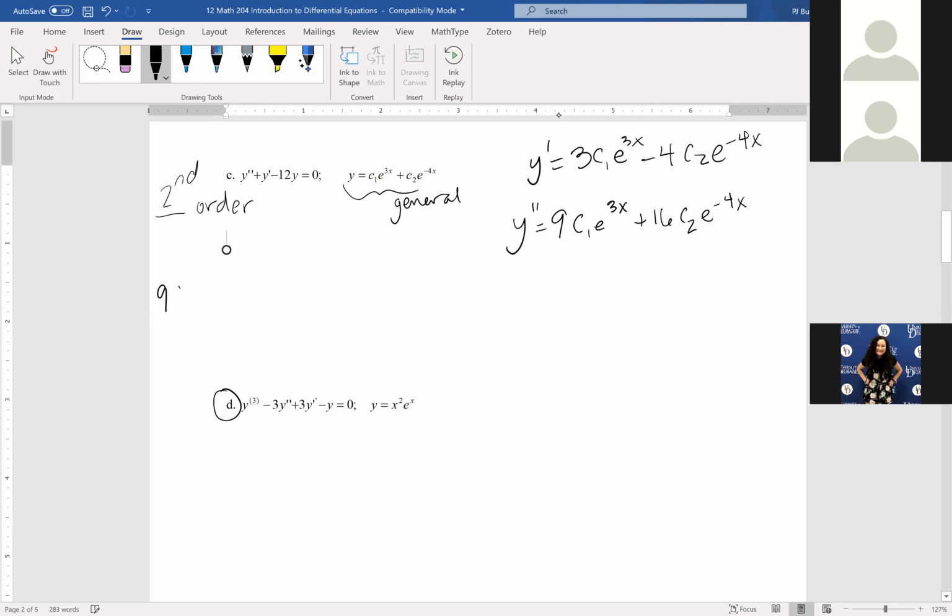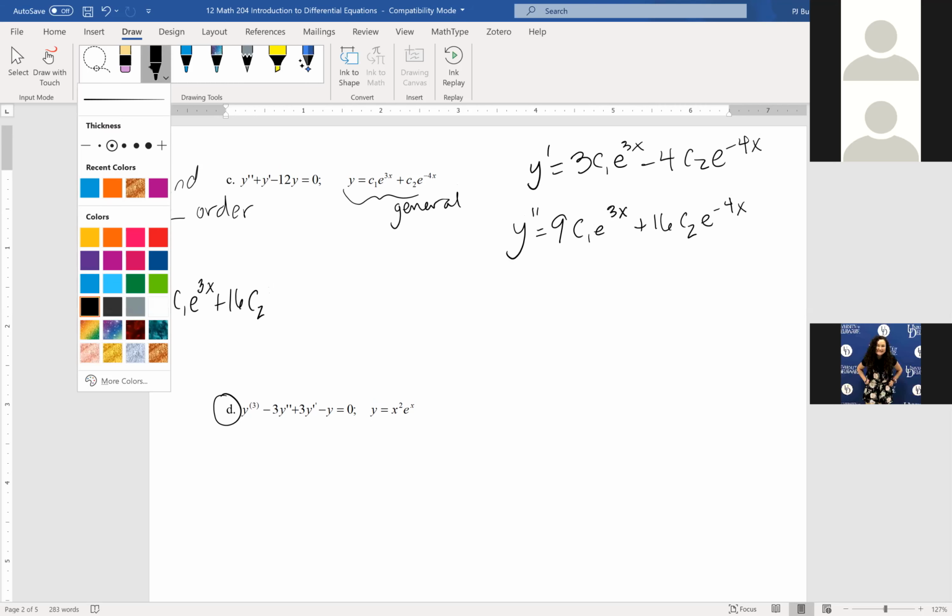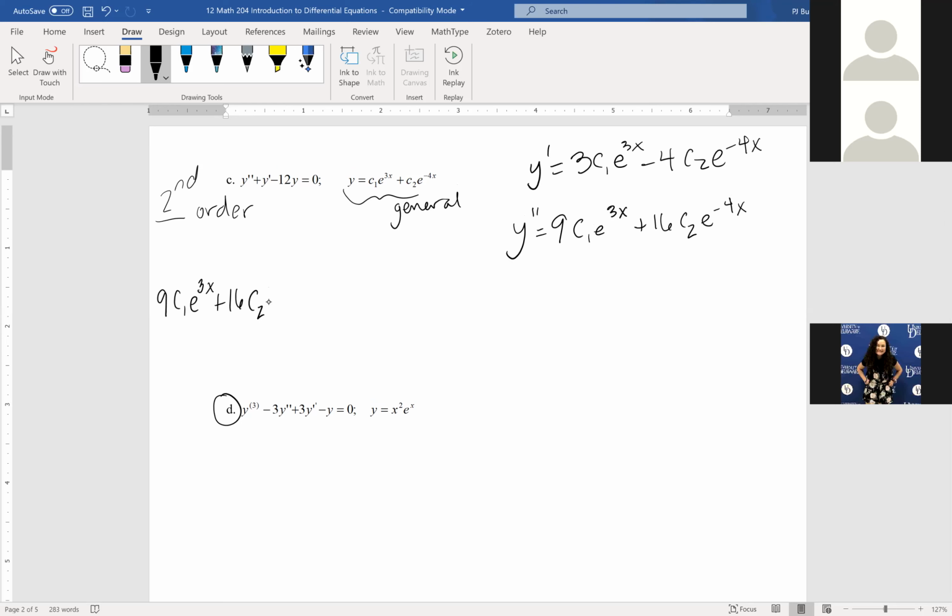So y double prime, then we need y prime.